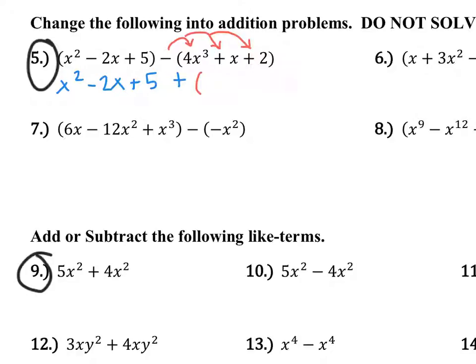And for us to add the second term, we have to distribute that negative into all of the terms. So the first term is 4x cubed. So by distributing that negative, we get negative 4x cubed. Second term is plus x. So distributing the negative, we get minus x. And the last term is plus 2. By distributing the negative, we get minus 2. And that is how we change it into an addition problem.